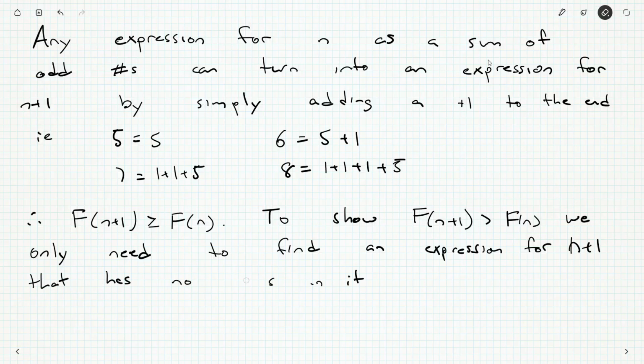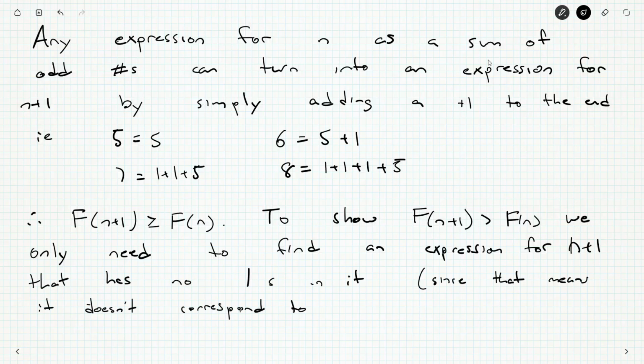Let's not say plus 1s, let's just say 1s. Since that means it doesn't correspond to an expression for n.